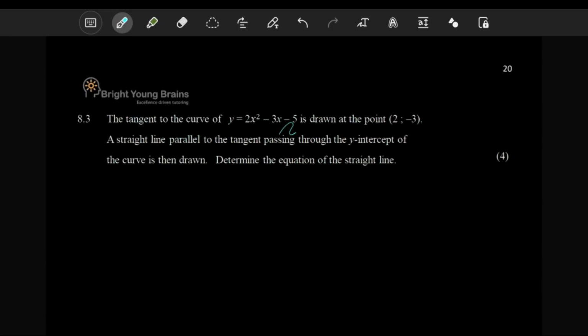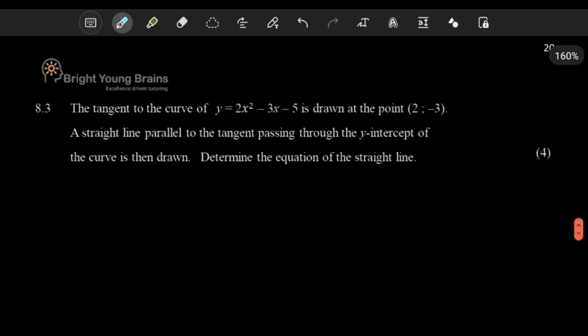of y is equal to this is drawn at this point. And then it says here, a straight line parallel to the tangent passing through the y-intercept of the curve is drawn. Just reading this question like this, it's just a bit annoying, you know. There's an equation. They said here the tangent to the curve of this is drawn at this point.